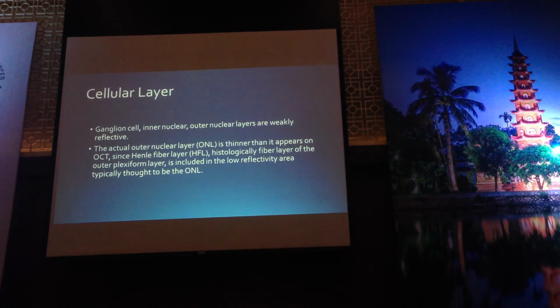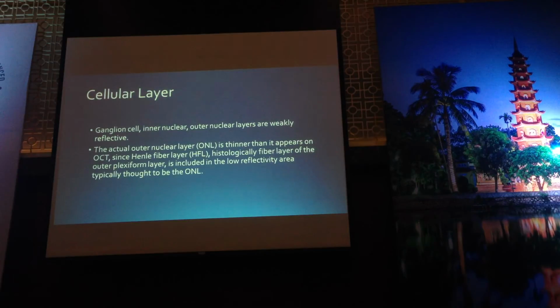So I'm going to sum up here. The cellular layers are weakly reflective in the OCT image; they look darker. They contain the ganglion cells, the inner nuclear layer and the outer nuclear layer, which are weakly reflective, as I mentioned earlier.